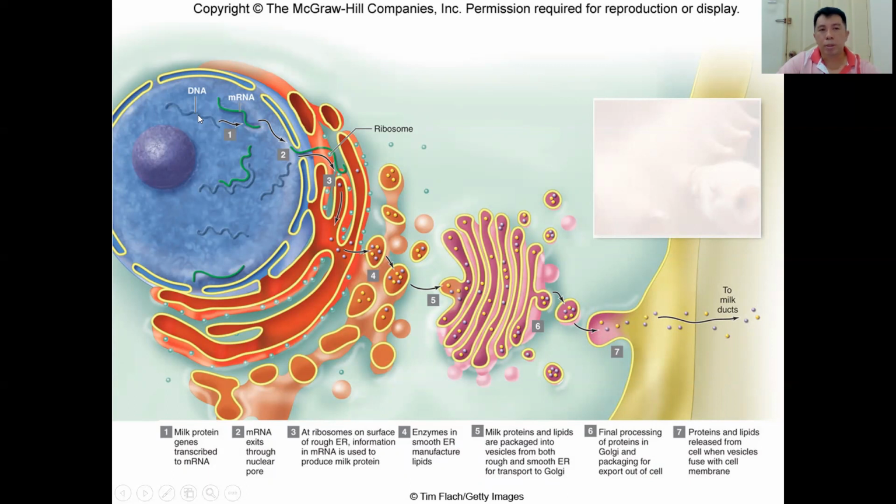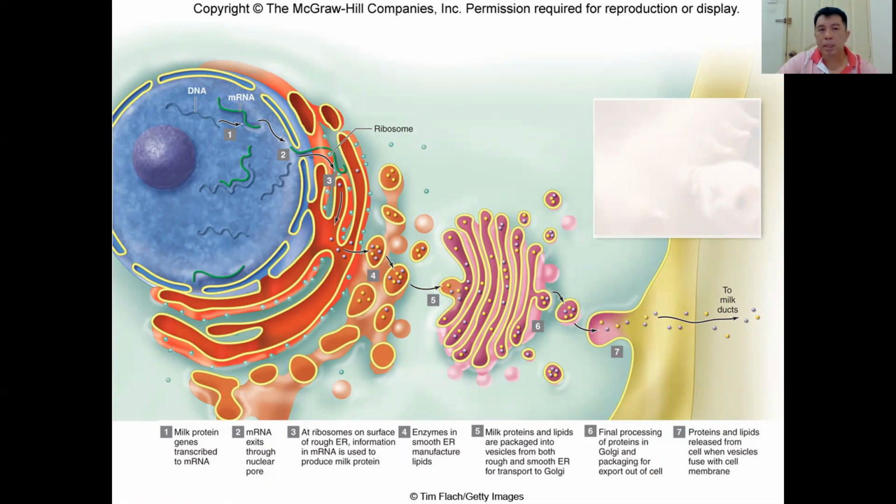So the information from DNA is copied, or we call it transcribed, into an mRNA. Then this mRNA travels or diffuses out of the nucleus and attaches to the ribosome. So in the ribosome, the protein, or we call it polypeptide, is synthesized by translation.